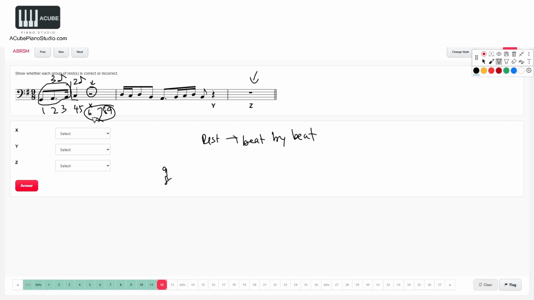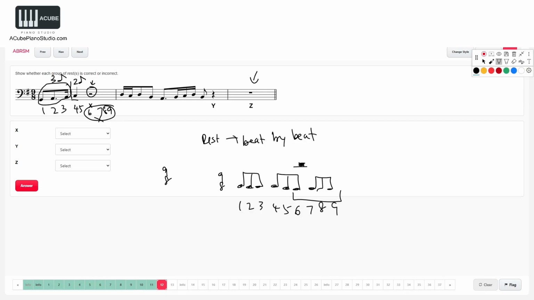This is incorrect, because whenever you have 9/8 time, right? So for rests, we usually group beat by beat. But for this one, another thing to note is, if I also group 9/8, 3 beats by 3 beats for the notes, right? Now, my rest, which is represented by this rest here, goes from beat 6 to 7, 8, 9.